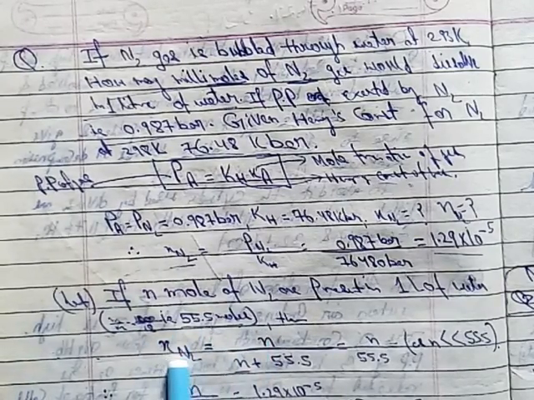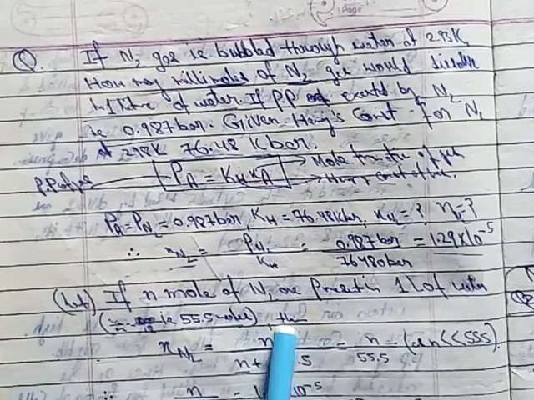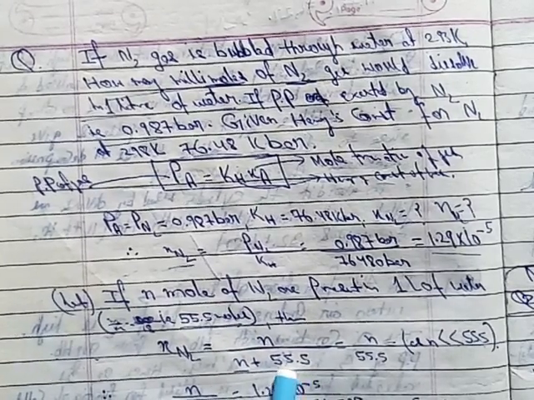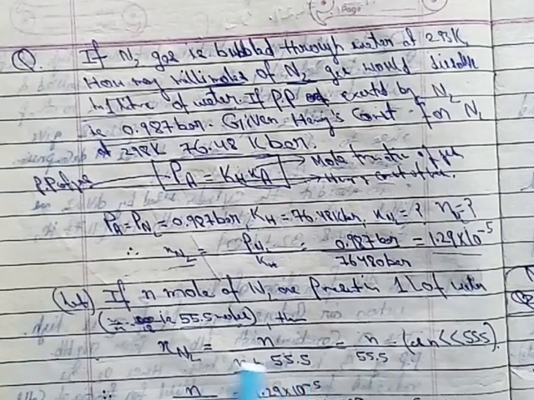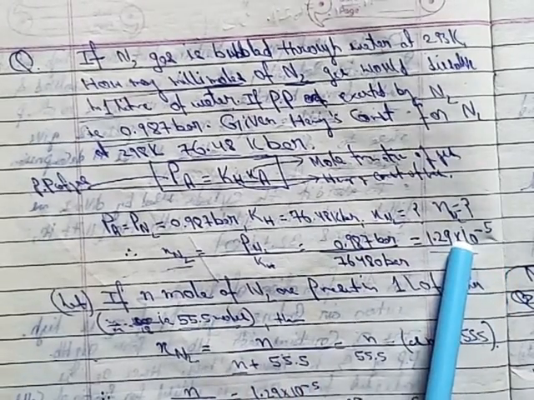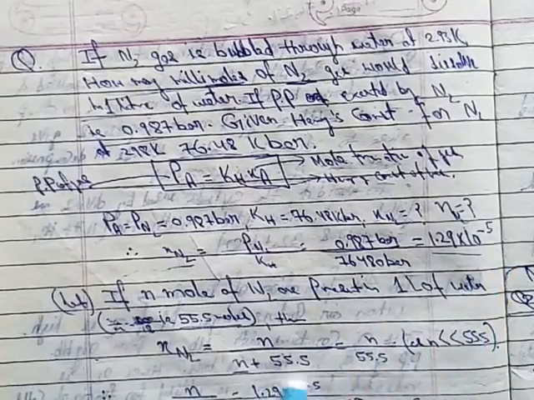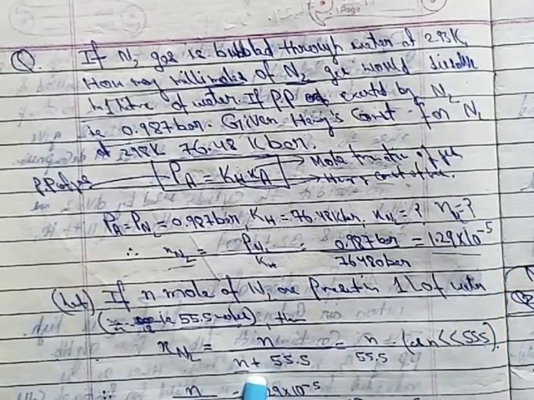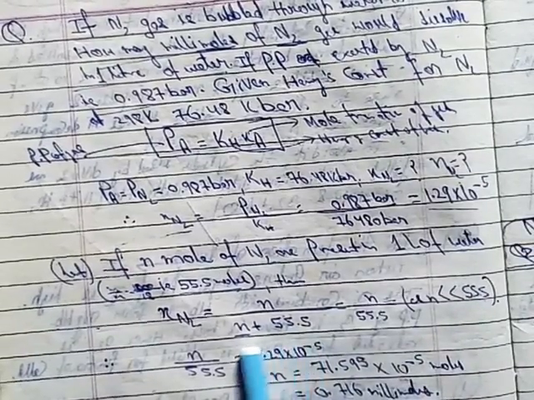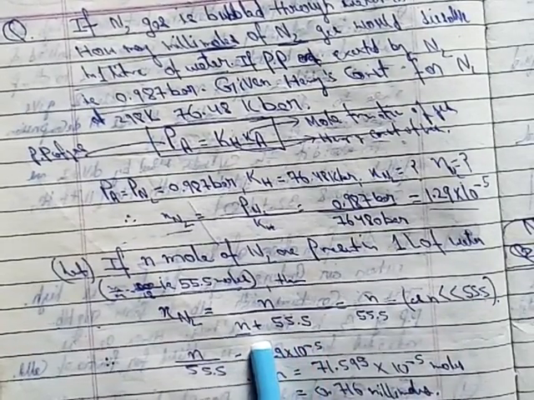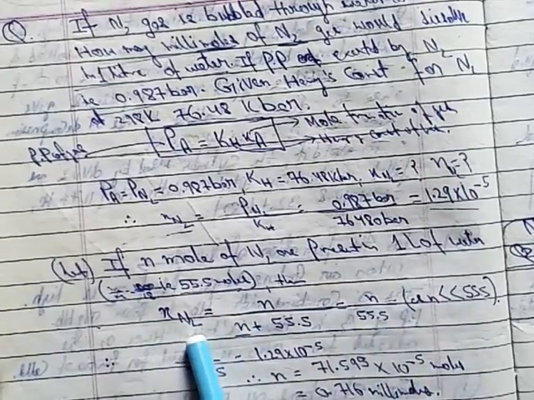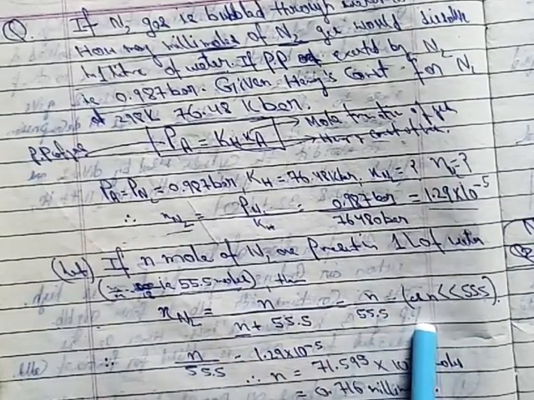Now apply the mole fraction of nitrogen equals the number of moles of nitrogen divided by the number of moles of nitrogen plus the number of moles of water. So we have the number of moles of water as 55.5. The mole fraction of nitrogen we have calculated is 1.29 times 10 power minus 5. Keep in mind, for a very dilute solution we can neglect the n, the number of moles of nitrogen. So we just go with x of N2 equals n by 55.5.